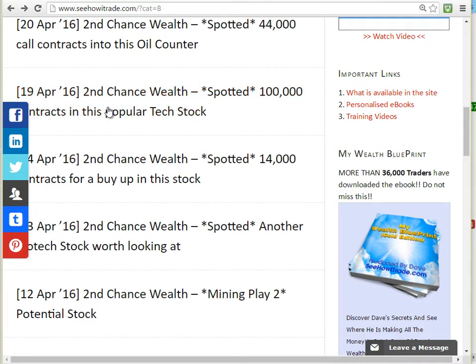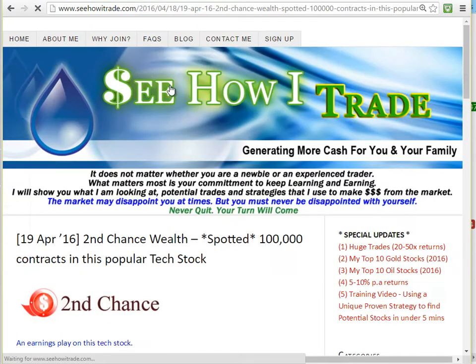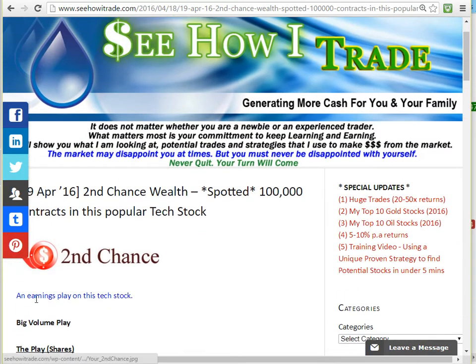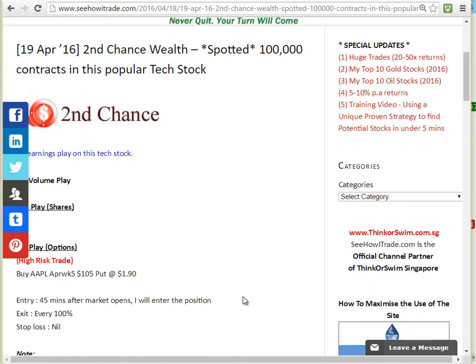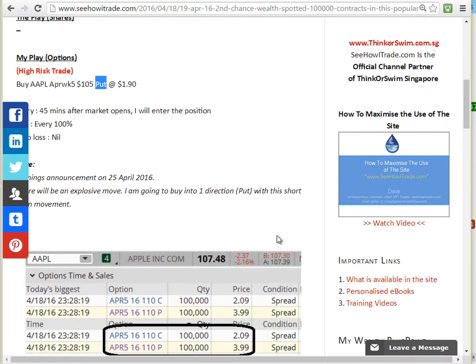Spotted 100,000 contracts in this popular tech stock. This is the Apple tech stock. So this is the earnings play on this tech stock, as you can see over here. I placed a put entry on this stock for the announcement play.